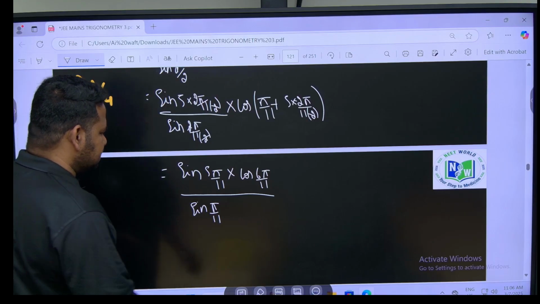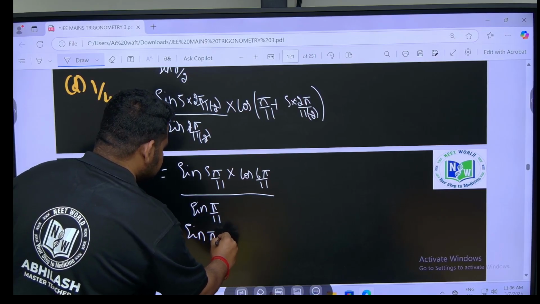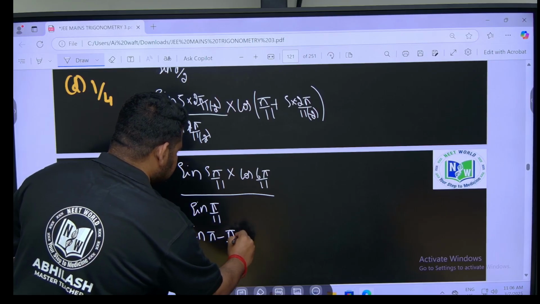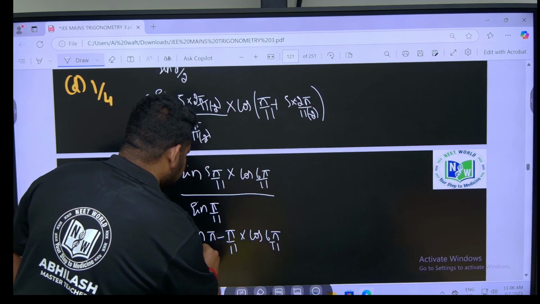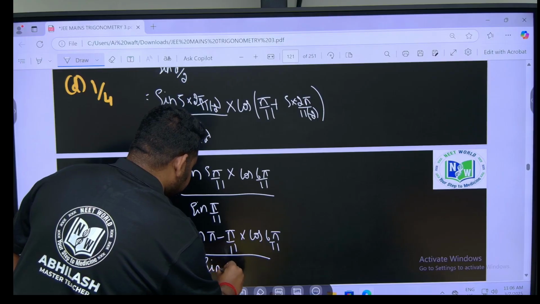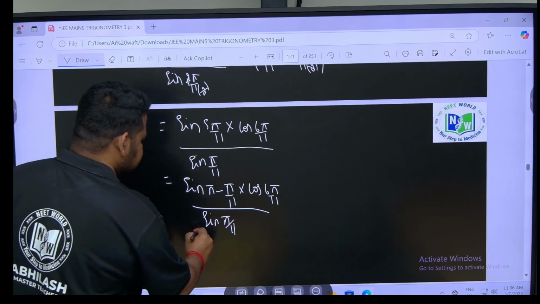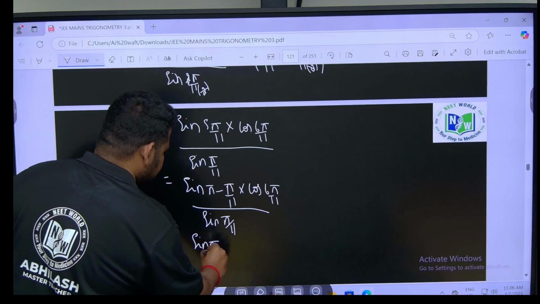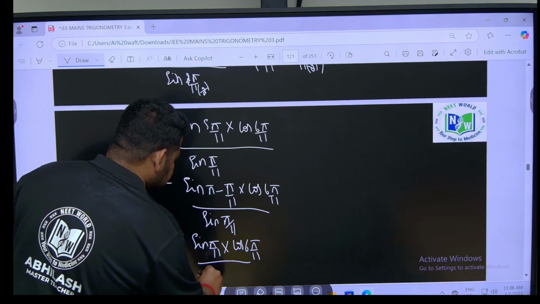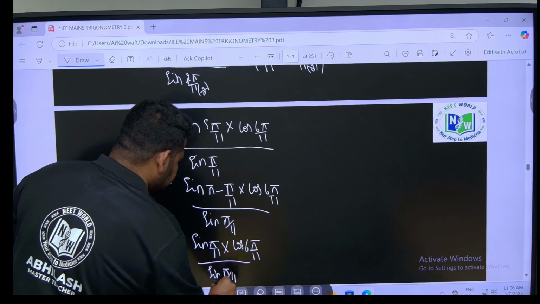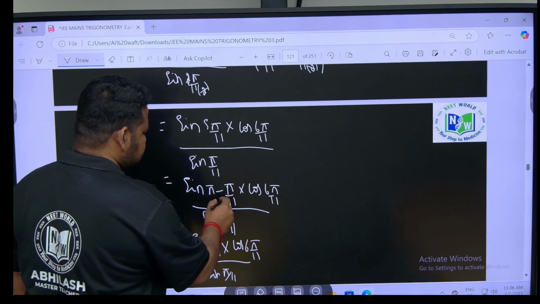Sine of 180 minus theta is nothing but sine theta. So I can write this as sine of pi by 11 into cos of 6 pi by 11 divided by sine of pi by 11. This will not come out like this.